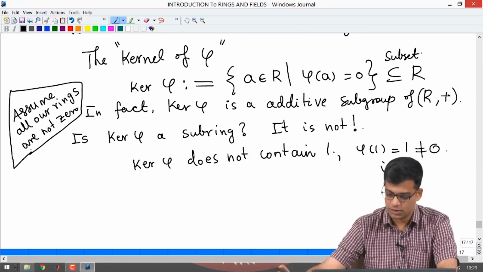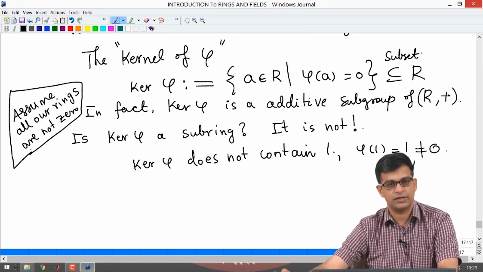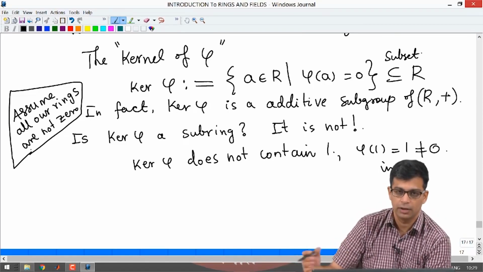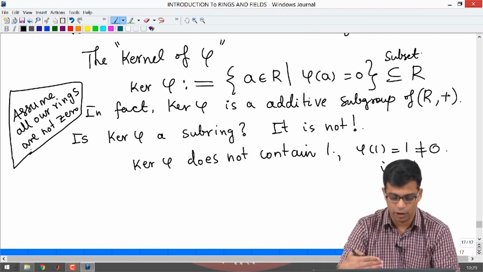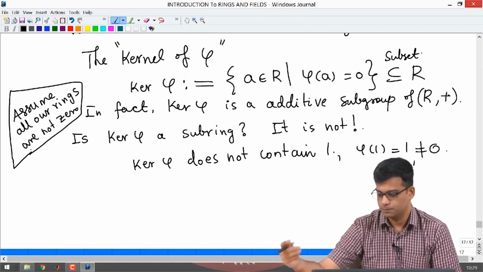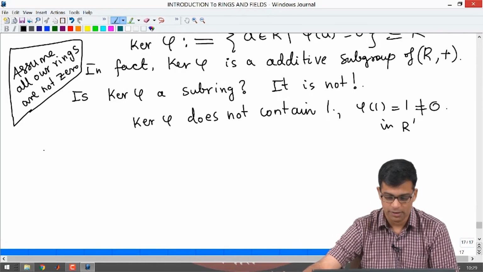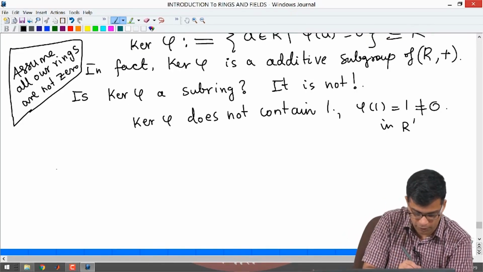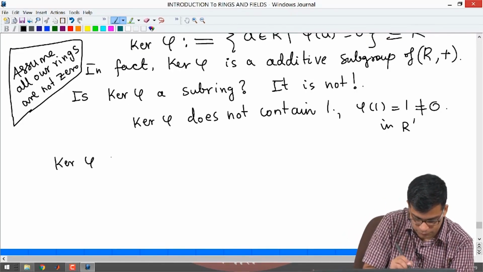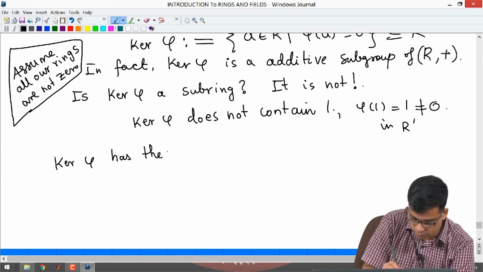So, 1 is not 0, and ker phi is not a subring. The analogy with the kernel of a group homomorphism being a subgroup does not carry over here. It is not a subring, but it does have nice properties. In particular, in addition to being an additive subgroup, ker phi has the following property.